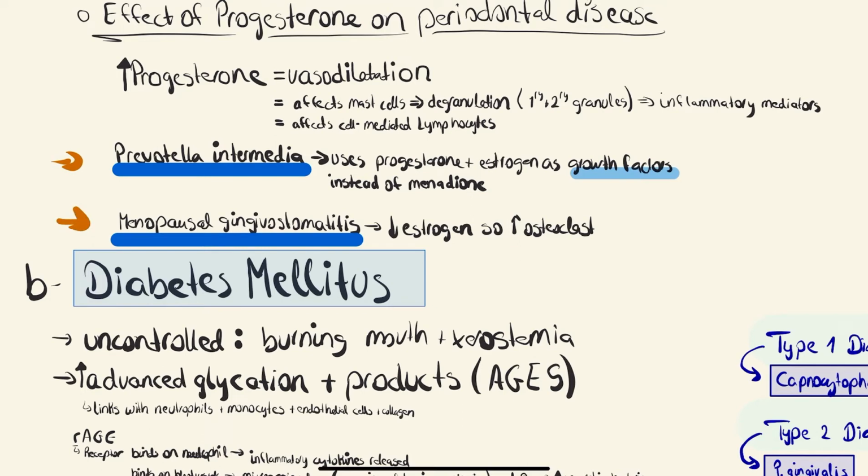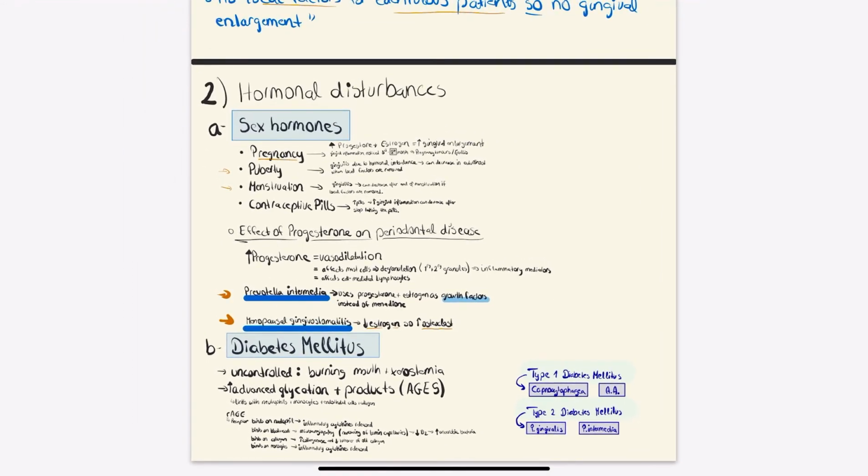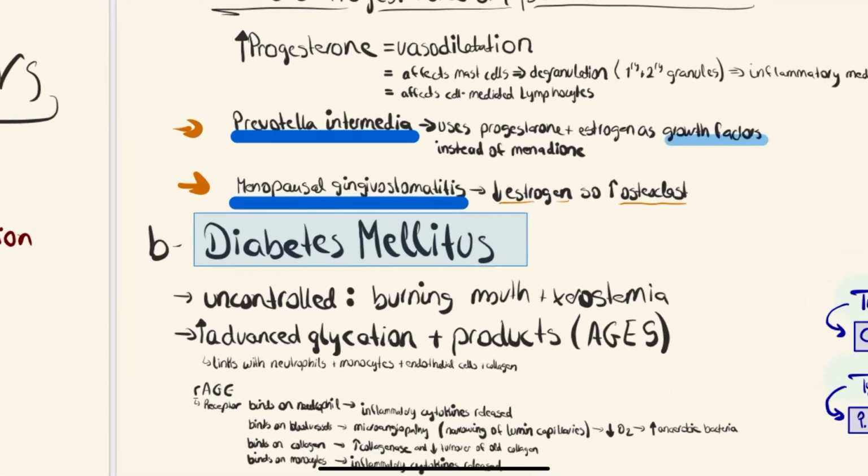This is when we have decreased estrogen, which leads to increased osteoclasts. Okay? Till now we have talked about the sex hormones regarding the hormonal disturbances, which lead to periodontitis and gingivitis.